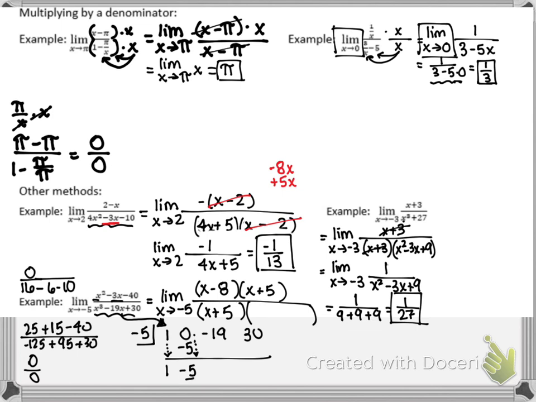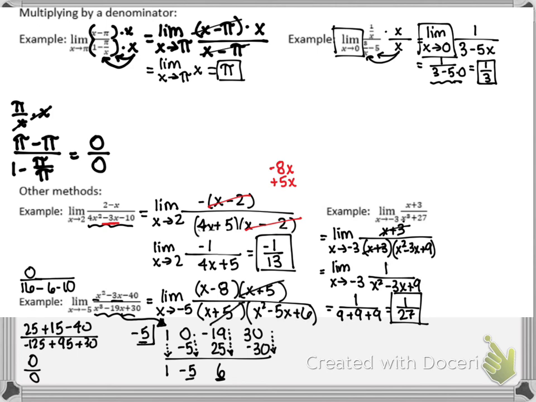I multiply the negative 5 and negative 5, which gives 25, go down and add. I multiply the 6 and the negative 5, and we go down and add, and those cancel, leaving us with a remainder of 0. So we did find the right thing to divide by, and we're left with x squared minus 5x plus 6.